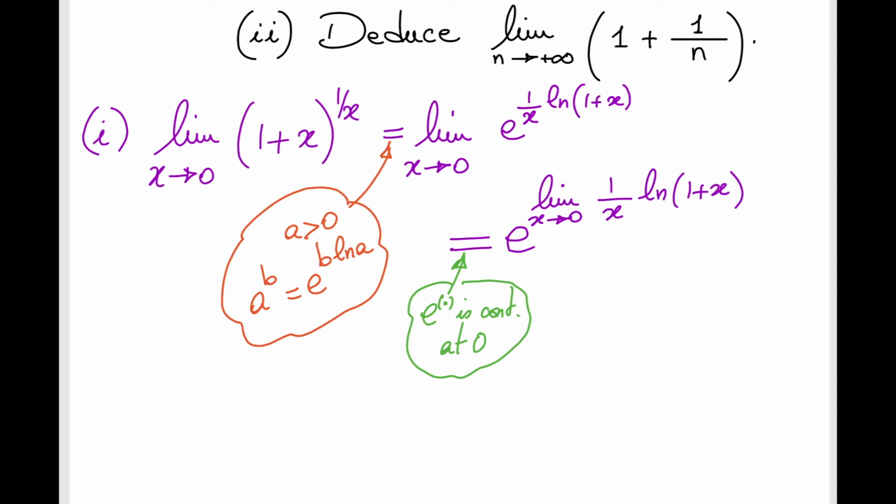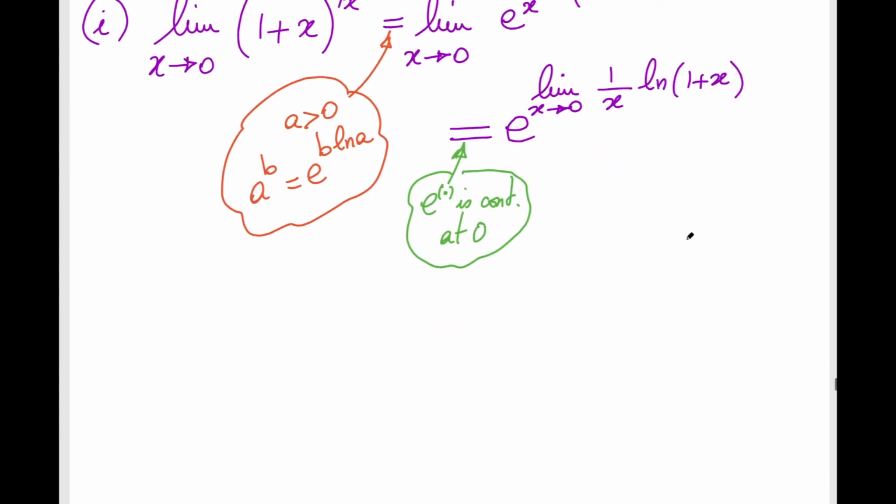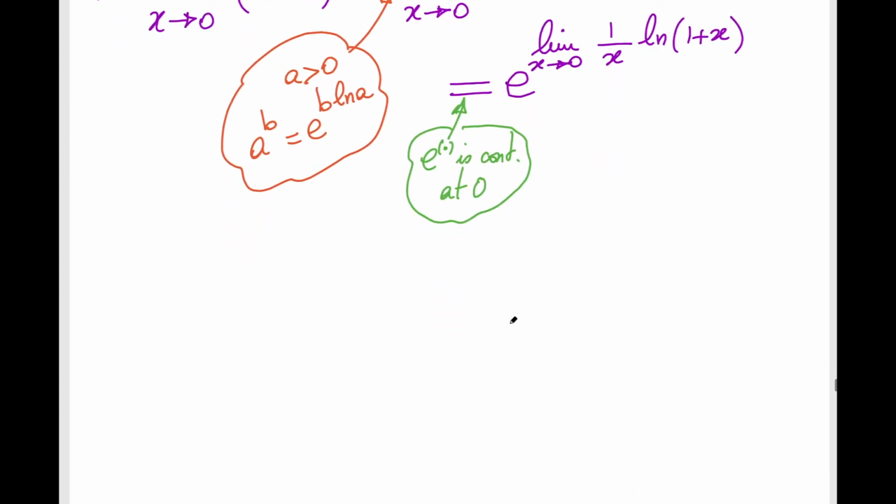Right? Okay, and what is that? So that's equal to e to the limit as x goes to 0 of ln of 1 plus x divided by x.